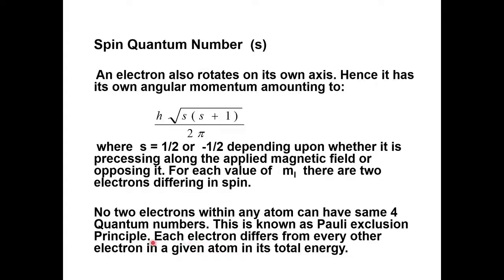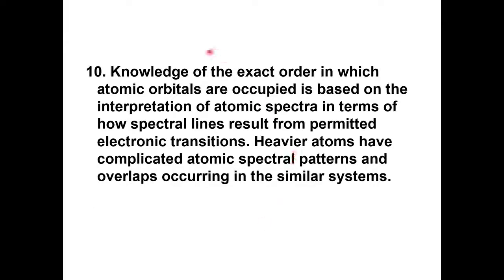Who proposed such a principle? Each electron differs from every other electron in a given atom in its total energy. So, knowledge of the exact order in which atomic orbitals are filled by the electrons is based on the interpretation of atomic spectra.